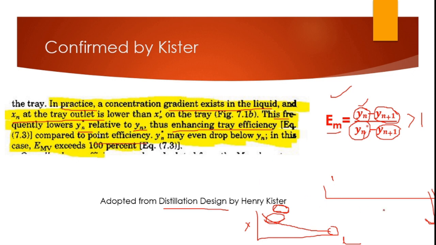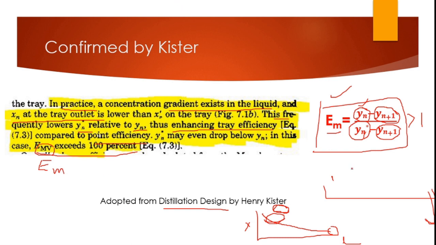The Murphy efficiency, or tray efficiency, gets highly boosted due to this gradient, and we just saw that the Murphy efficiency exceeds 100%. Henry Kister uses XMV for the Murphy efficiency, just a matter of notation, but we are using EM.